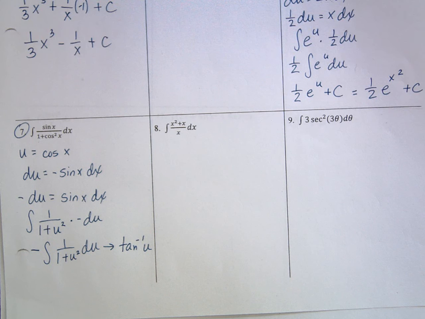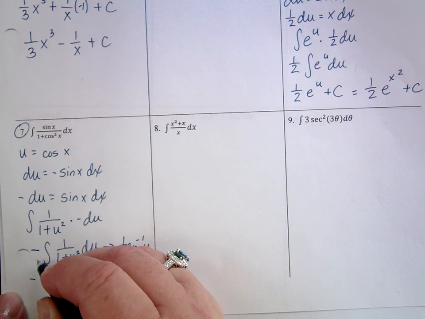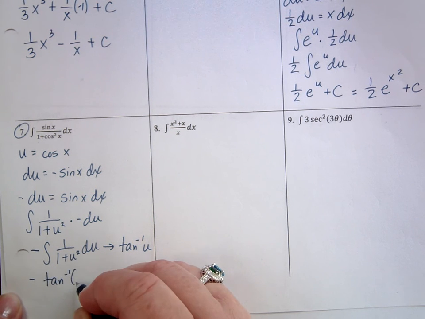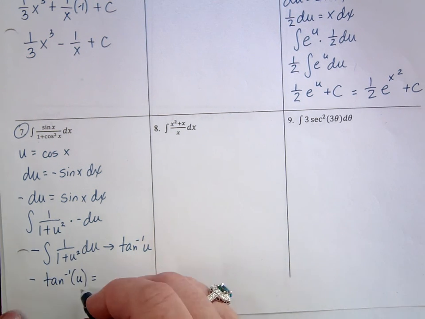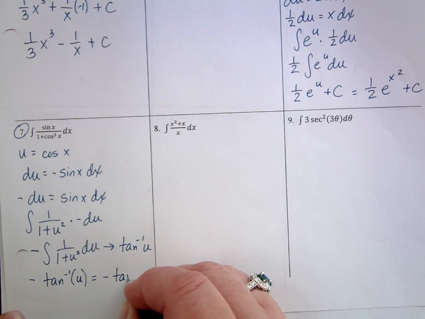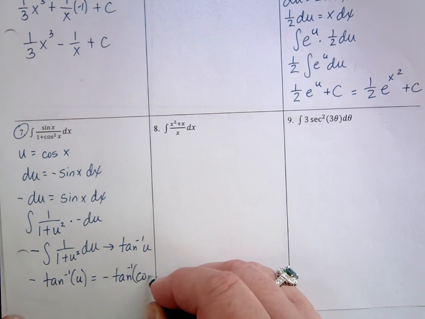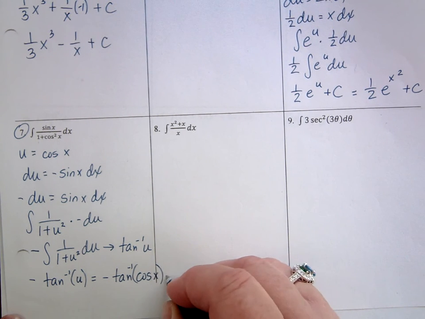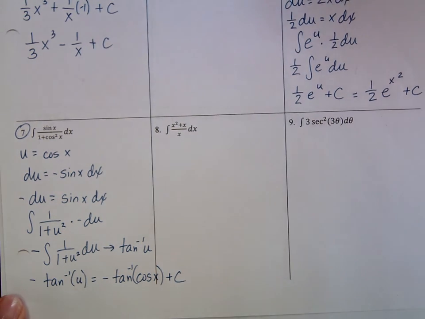It's going to be your inverse tangent. So this integral is equal to a negative tangent to the negative 1 of u. Well, what is u? My u is cosine of x, so negative tangent to the negative 1 of cosine of x, and then I need my plus c because it's an indefinite integral. So that's number 7. A couple more.